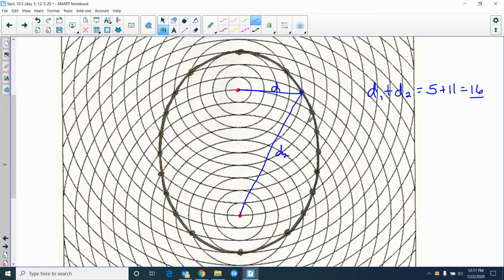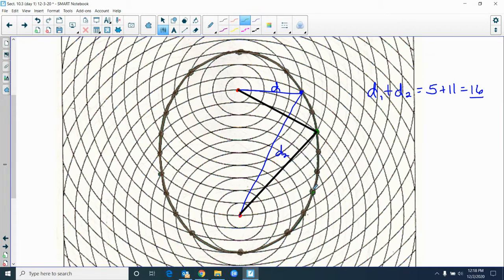I'm going to make the claim that for every point on this ellipse, if I take these two distances, they will always add up to 16.